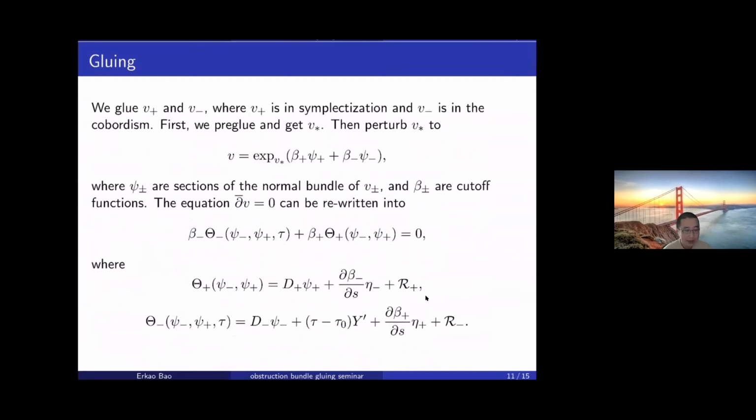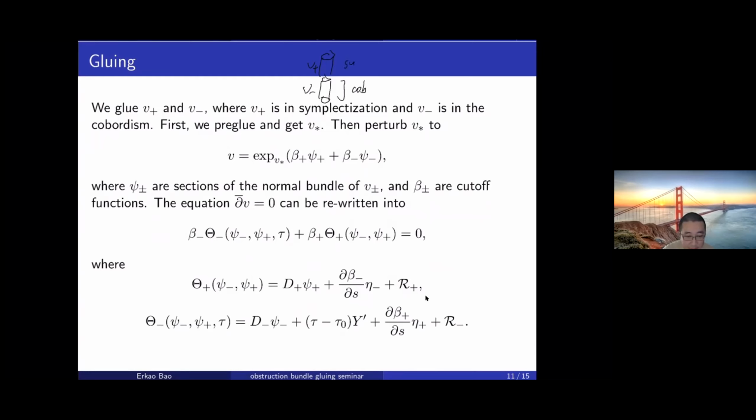Recall that we have a V plus in the simplexization and V minus in the cobordism.